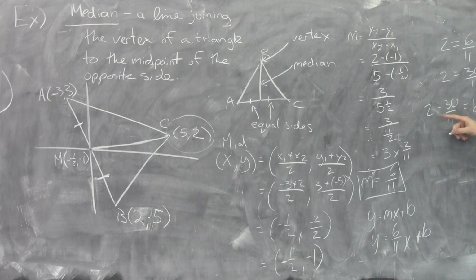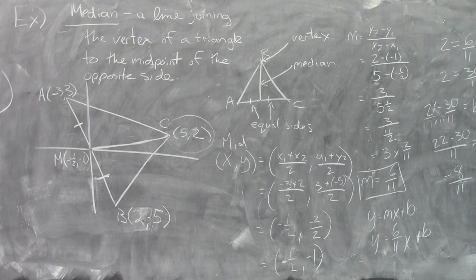I need to find a common denominator here. So 2 is just the same thing as 2 over 1, so I have to multiply by 11. So I have 22 minus 30 over 11 is equal to b, minus 8 over 11 is equal to b.